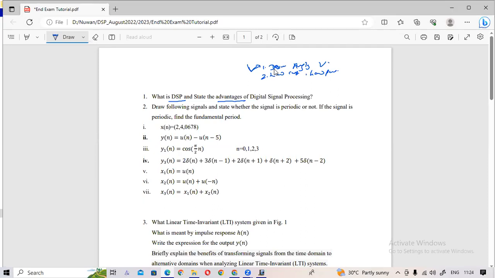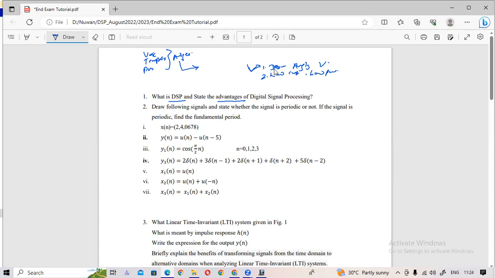We know that in the real world, our voice, temperature, pressure, humidity, anything, all these parameters are analog. If we need to process digitally, we have to convert this analog into digital.